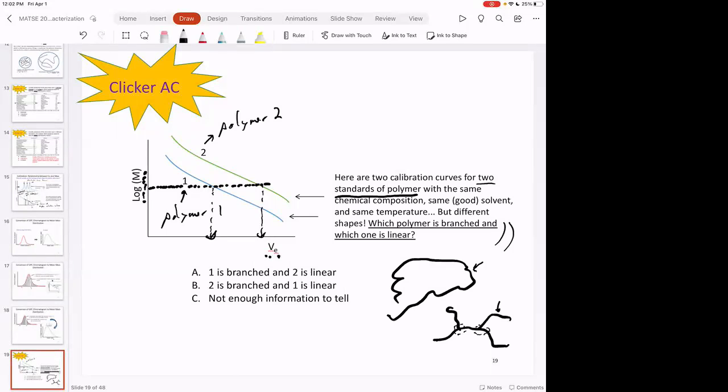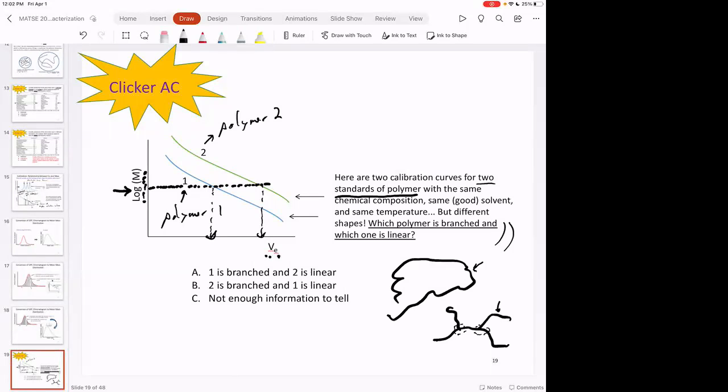And do smaller things come out first or larger things come out first in SEC? Larger things come out first in SEC. And we just talked about linear chains being larger than branched chains for a given MN, because when we go horizontal here, we're keeping molecular weight exactly the same. And so now you can figure out which one is branched and which one is linear.